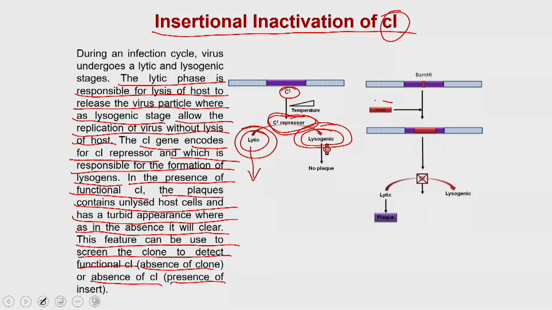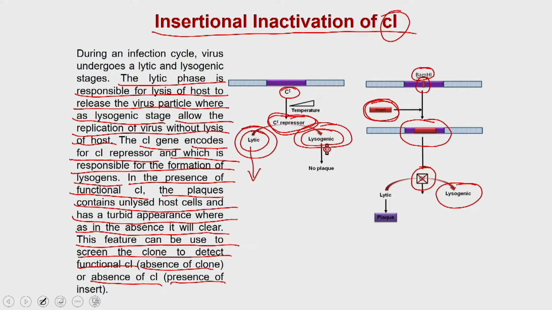So, once you take your recombinant gene and insert it into the CI gene with the help of BamHI, you are not going to generate the functionally active CI protein, and once you cannot generate the functionally active CI protein, the virus cannot go to the lysogenic cycle.